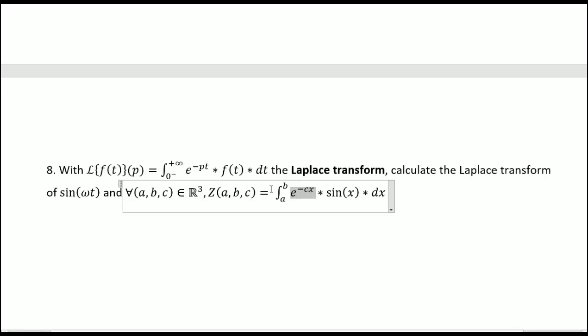So this actually works for definite integrals. So we call z of a, b, c the integral between a and b of exponential minus cx times sin x times dx. So we're going to do that right after.